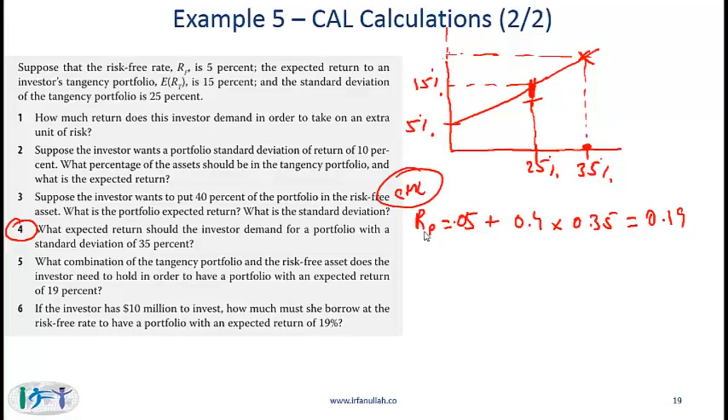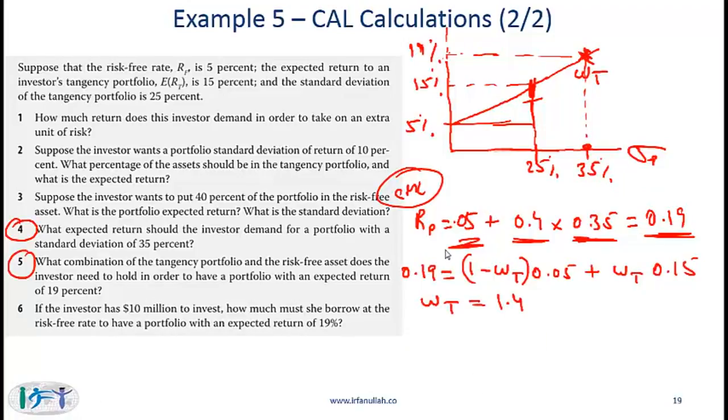The return on the portfolio is equal to the risk-free rate, and here we should use all decimals. So 5% means 0.05 plus 0.4 is the slope, which we've already calculated before, times the x-axis value, which is the risk, and this is given in part 4, 0.35. You do the calculations and you get 0.19, which means 19%.